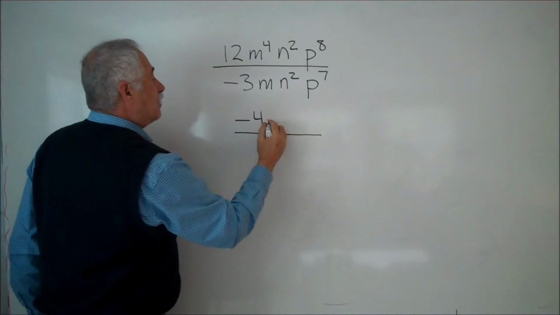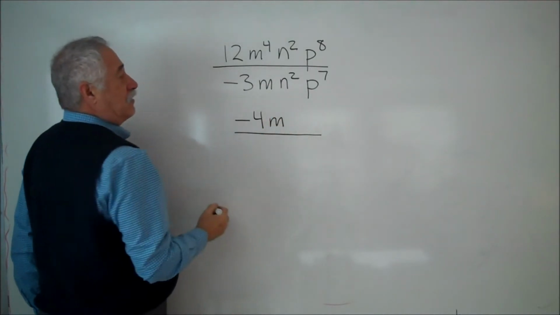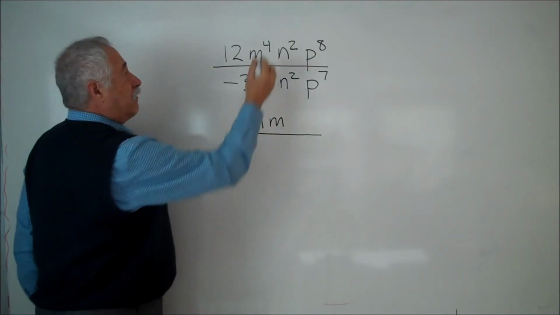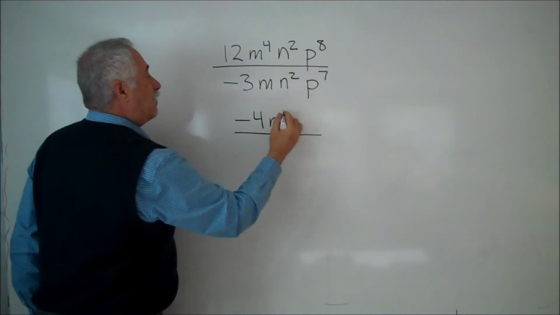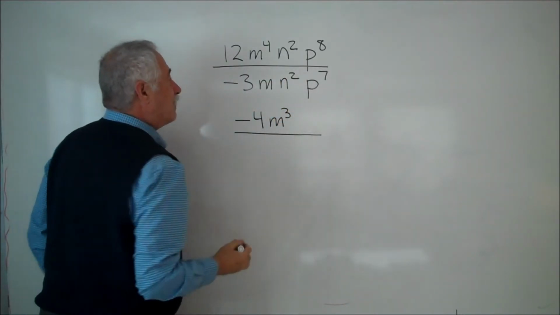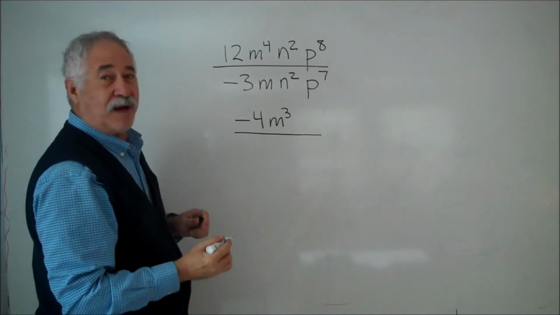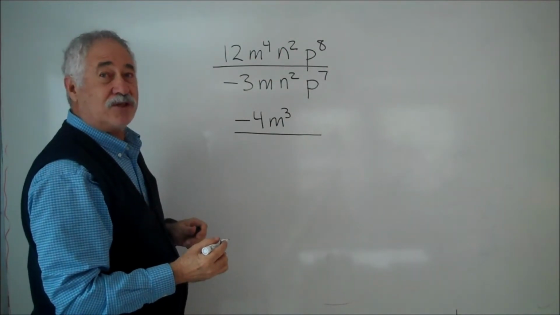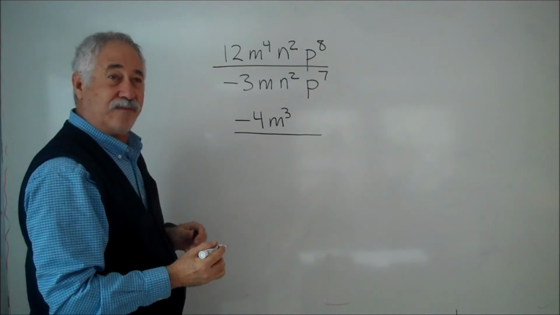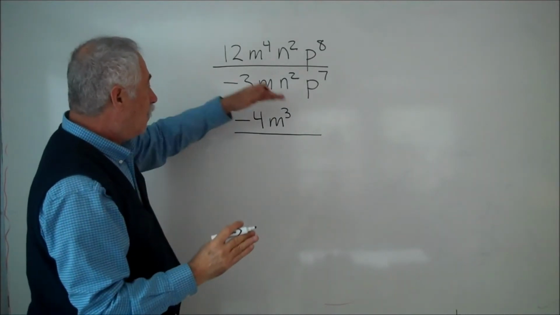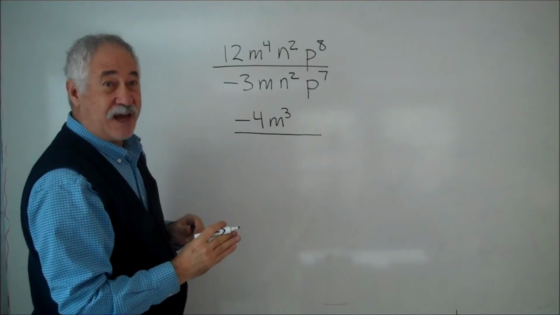Larger power is in the numerator. The M stays there. 4th power, take away 1st power, is 3rd power. Now the N's have the same power. What that means is that they reduce to 1. We don't need to write a 1 in either position yet.